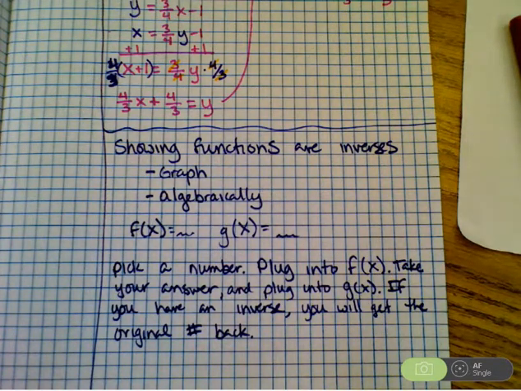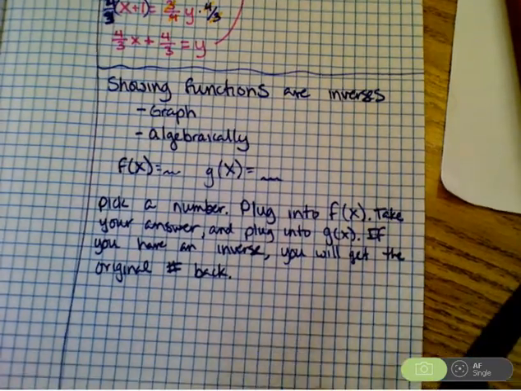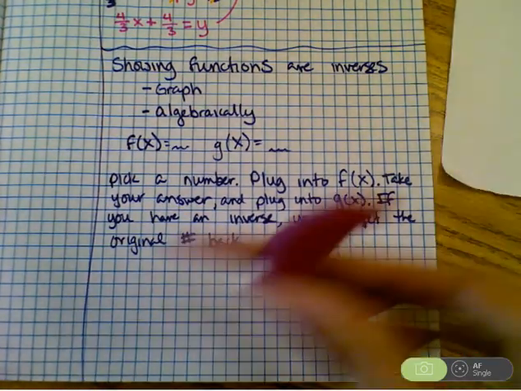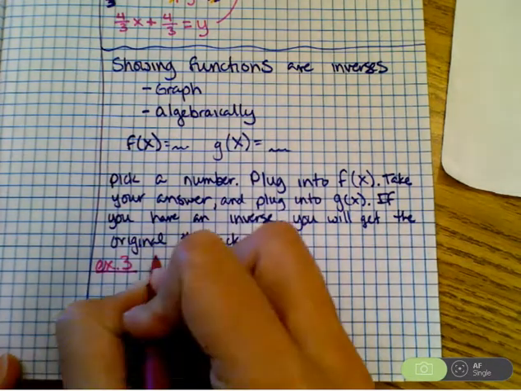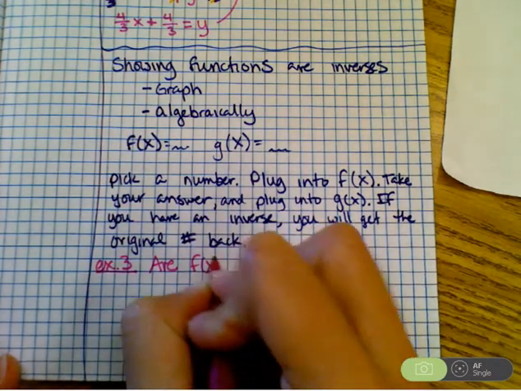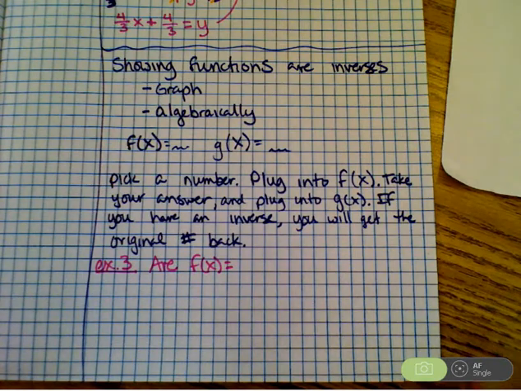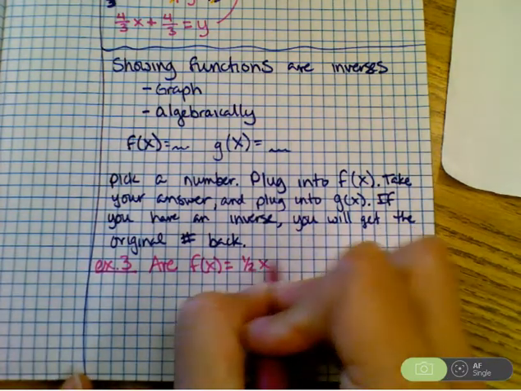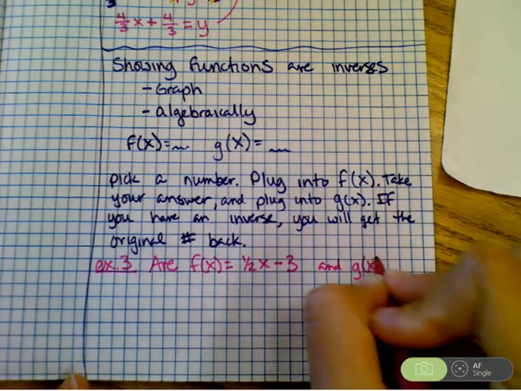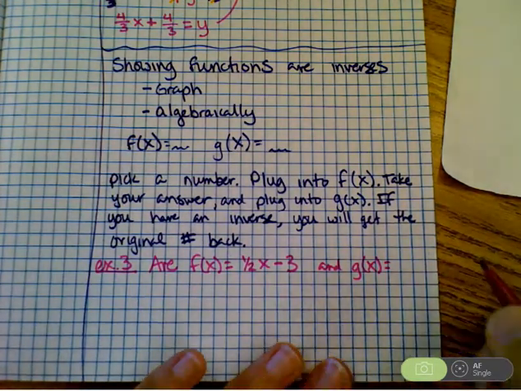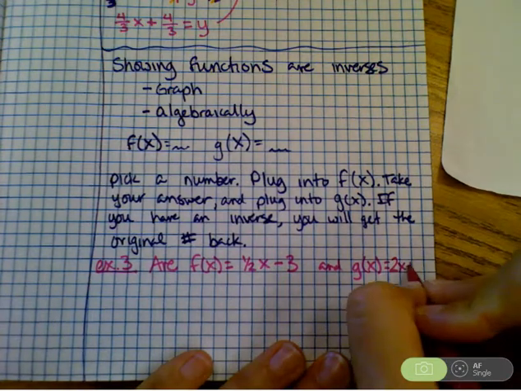So let's take a look at examples of that. So this would be example 3. Our f of x equals 1/2 x minus 3, and g of x equals 2x plus 6.